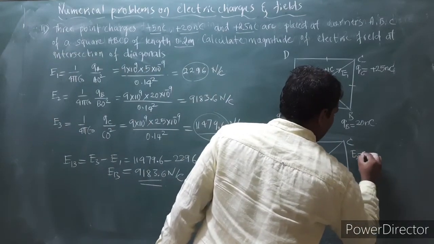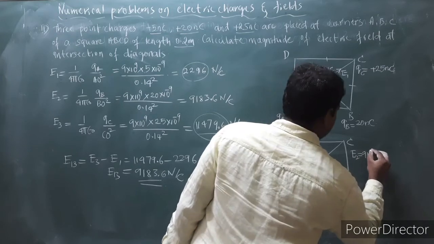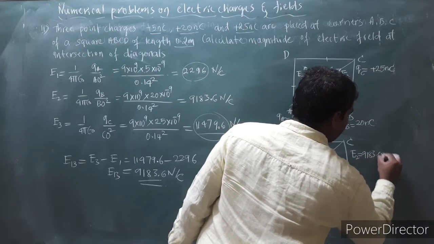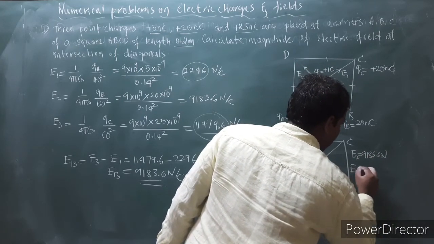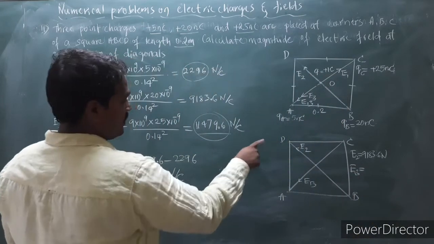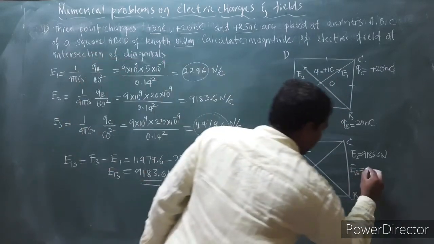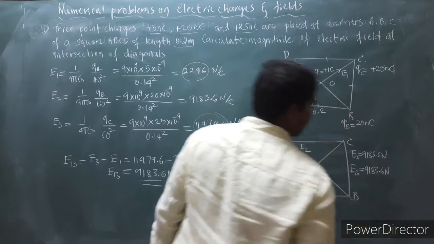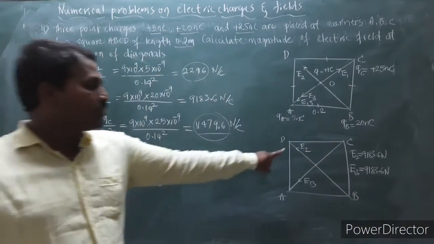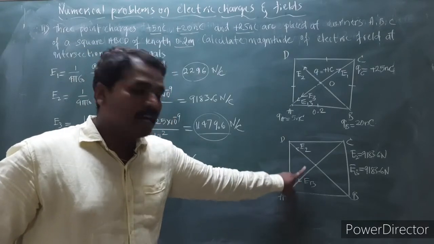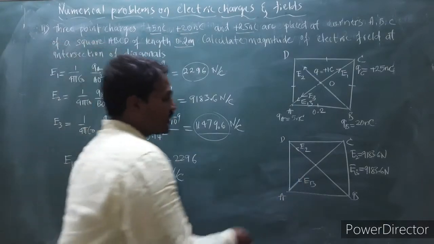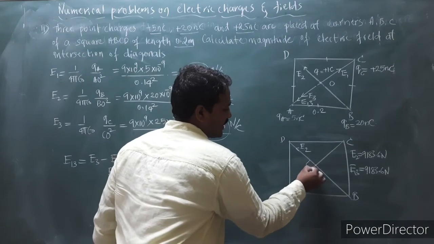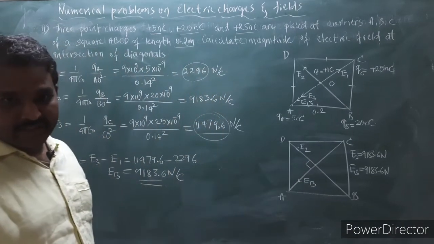E2 is equal to 9183.6 newtons per coulomb, and E13 is also equal to 9183.6. Now I have two vectors, E2 and E13, and what is the angle between these two vectors? You can clearly observe, since it is a square, this angle is 90 degrees.